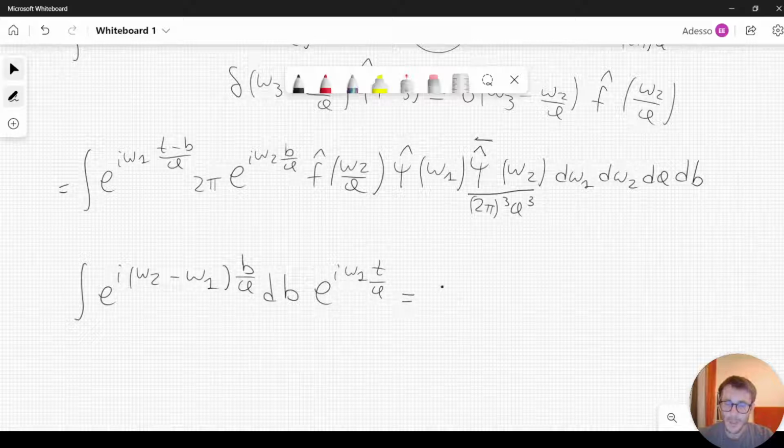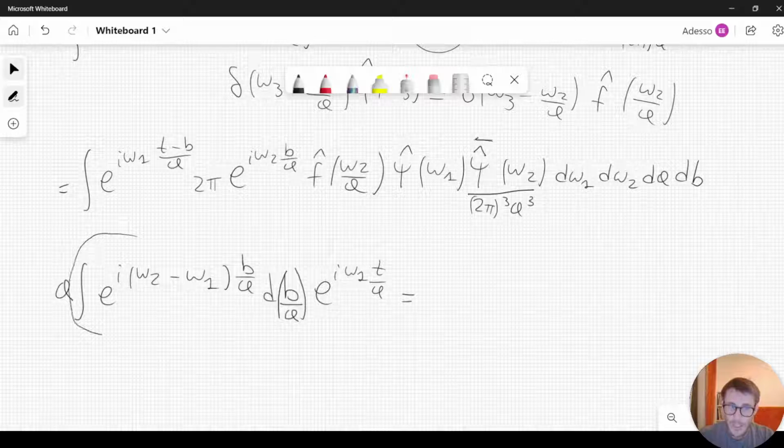But this integral will give you 2 pi, so let me do it a little bit slowly. We have to integrate over b, and if I put here a denominator inside the differential for the integral, I should multiply by a.